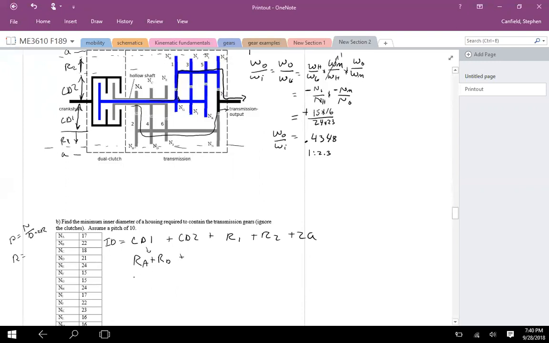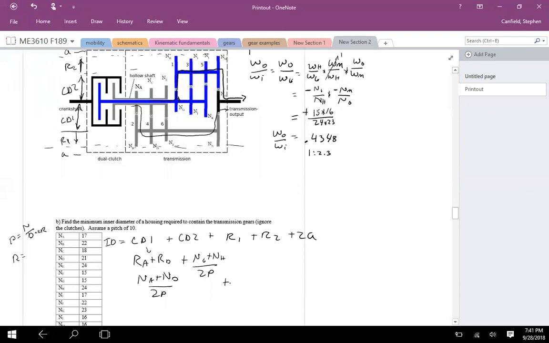So R is N over 2P. And they're the same. So I can rewrite this as NA plus ND over 2P. And now I'm going to jump to the next one, plus CD. That will be any two gears, so I'm going to call it G plus H. So I'll write it the same way, NG plus NH over 2P.